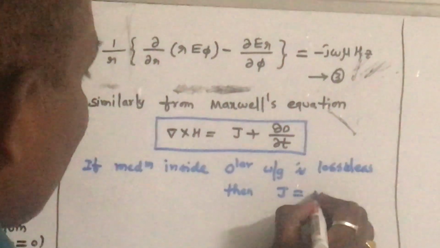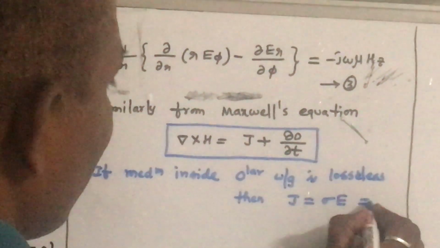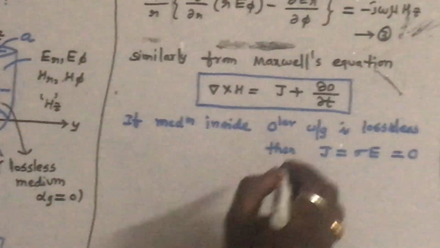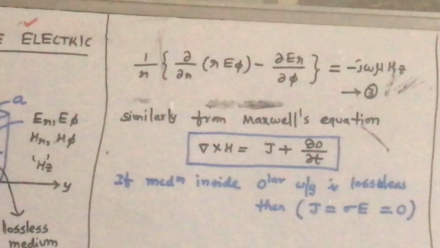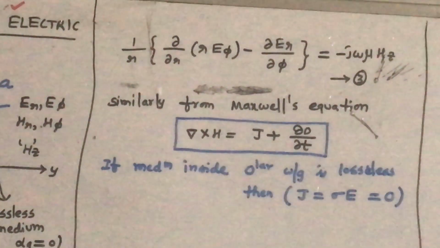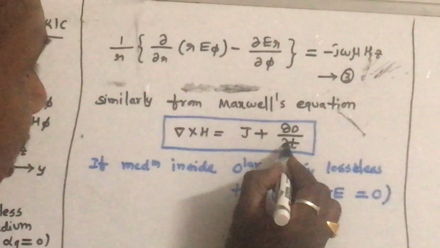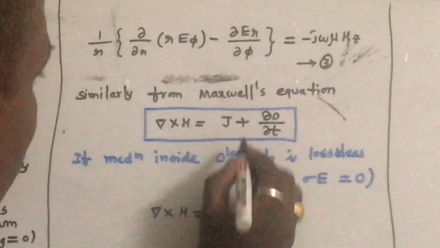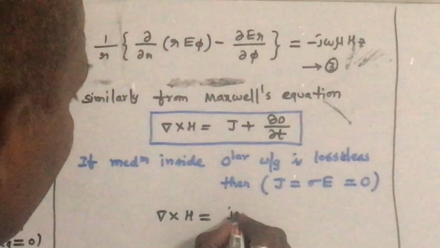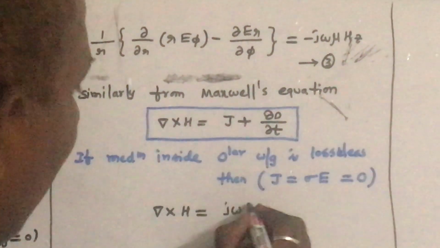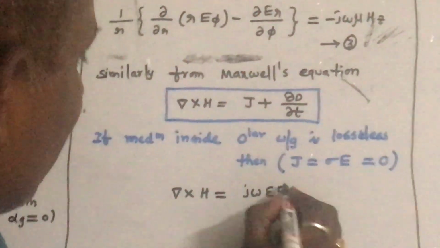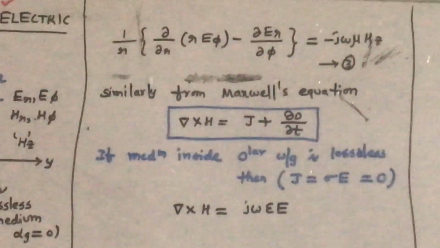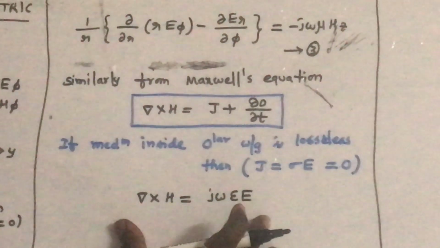J is equal to sigma E, the conductivity times E, but there is no conductivity in a lossless medium, so we can take J equal to 0. Dou by dou t is replaced by j omega. So this expression is written as del cross H equal to j omega D, where dou by dou t is replaced by the time harmonic j omega, and D is replaced by epsilon E. Similarly, write this expression in the cylindrical coordinate system.